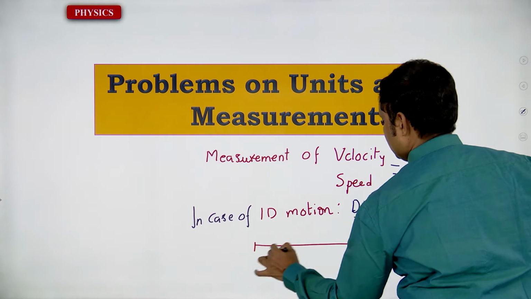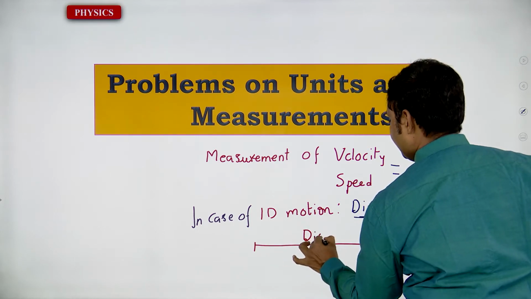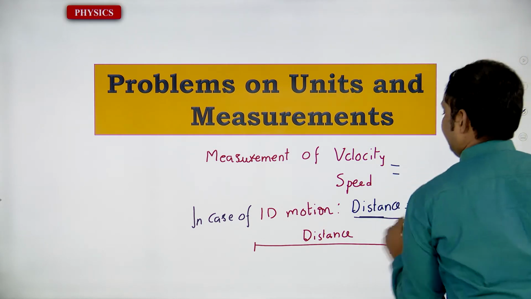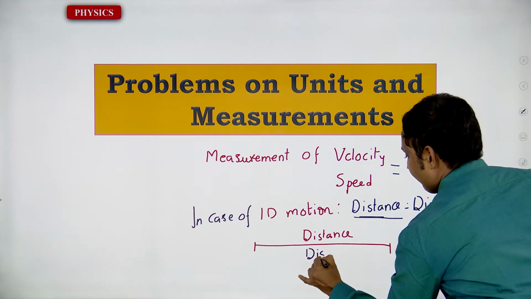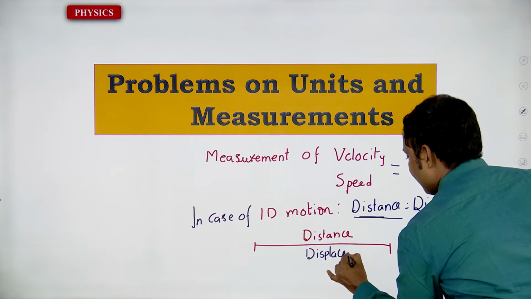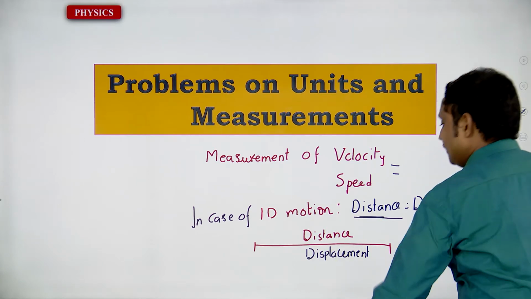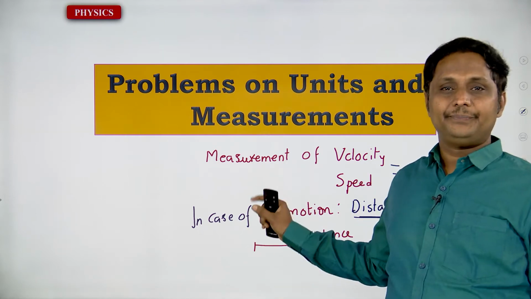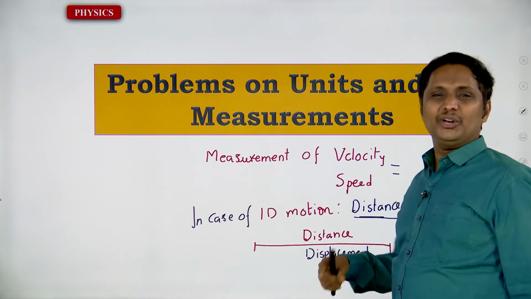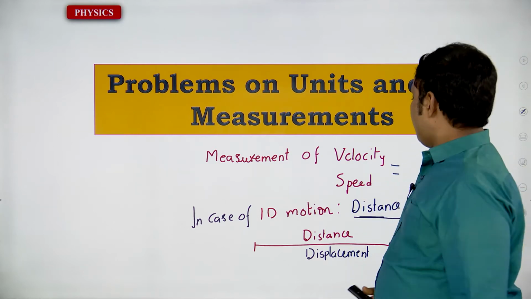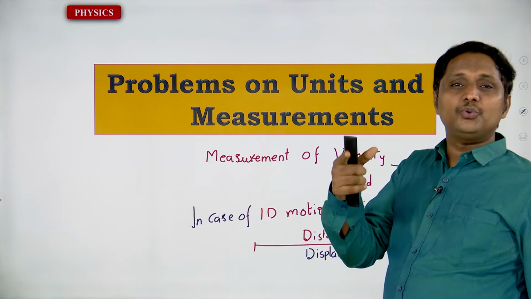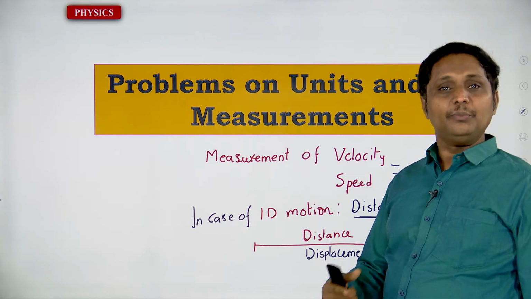So, you will get the distance, you will get the displacement. Very clear. You can express it in any of the units, meters or kilometers, whatever it may be, but you need to confirm that the magnitude of speed and the magnitude of velocity both are going to be the same.